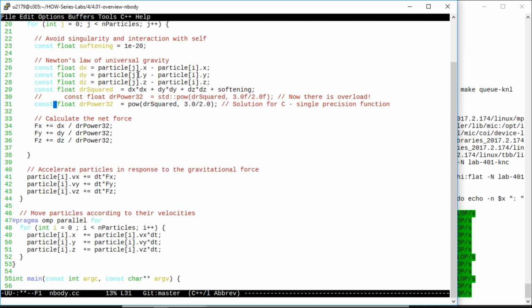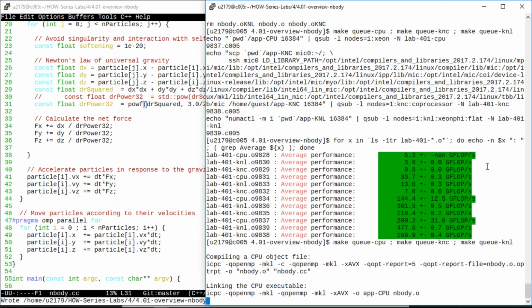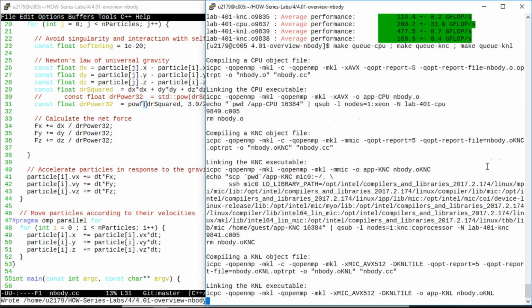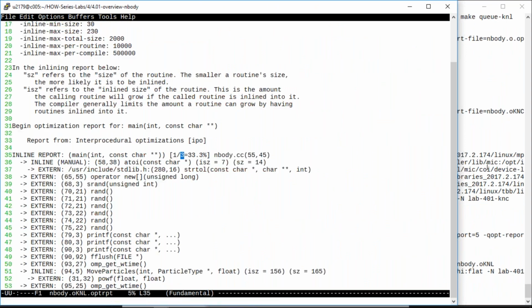It is a frequently ignored fact that when power is the double precision function, there is actually its single precision counterpart, power f. And it achieves the same result as the previous case. Namely, it gets rid of type conversions, and the code just performs better.